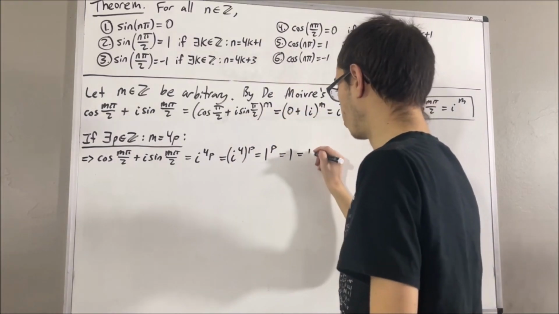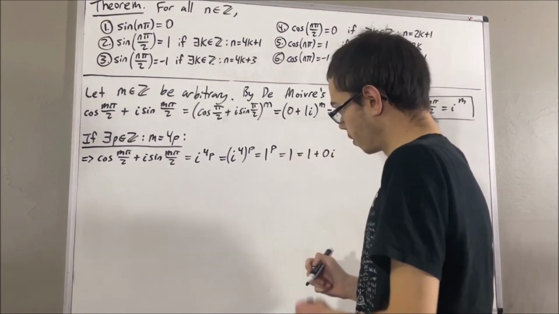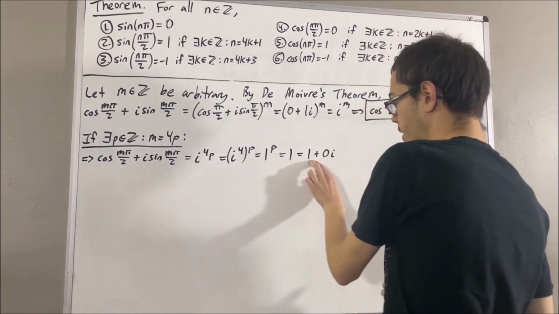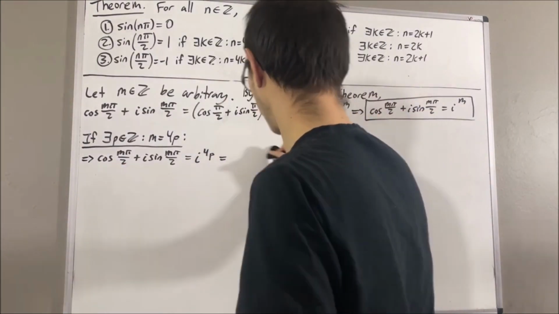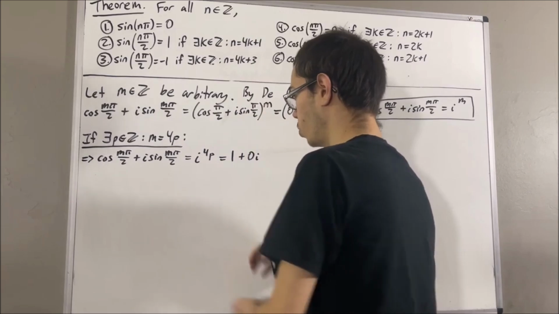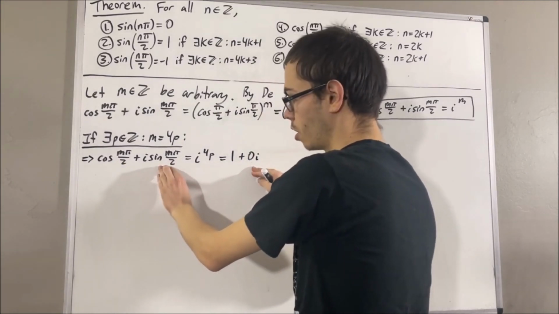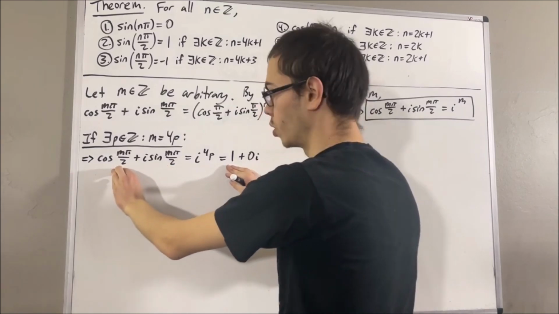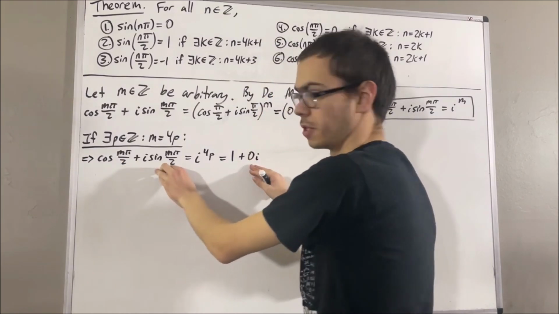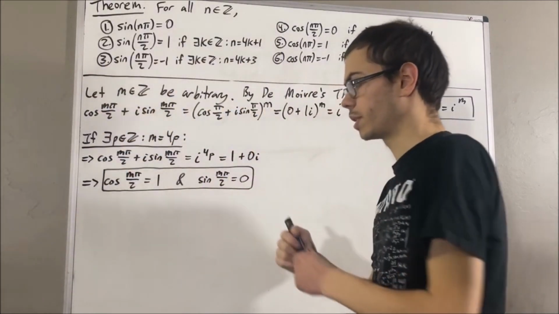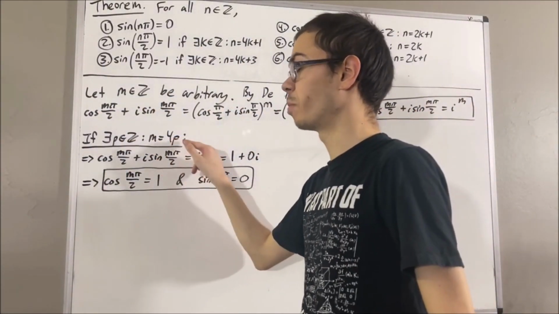And we can write this as 1 plus 0i. So overall, we have i to the power of 4p is equal to 1 plus 0i. And from here, we set the real parts and the imaginary parts equal to each other. So we have cosine of m pi over 2 is equal to 1, and sine of m pi over 2 is equal to 0. So this completes the case that m is of the form 4p.